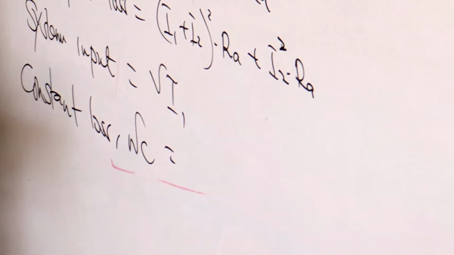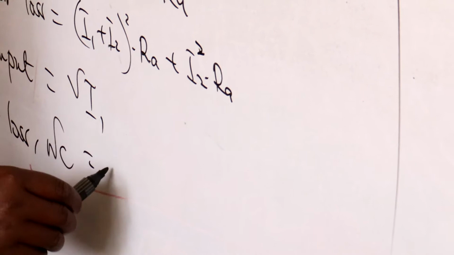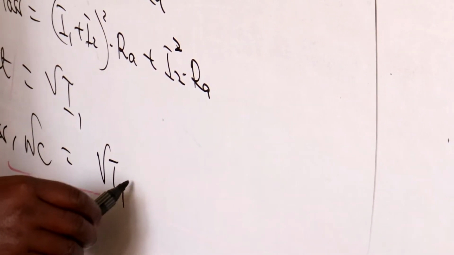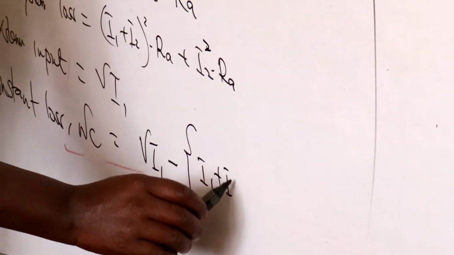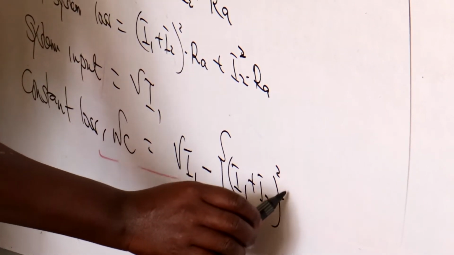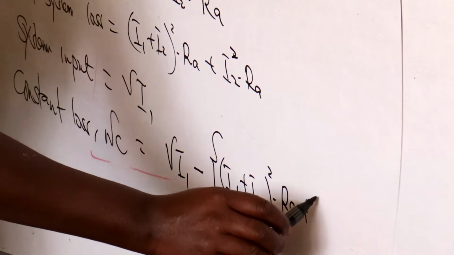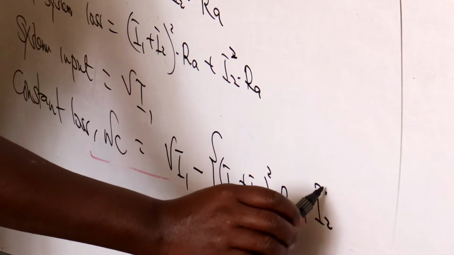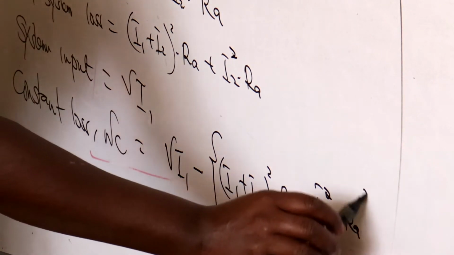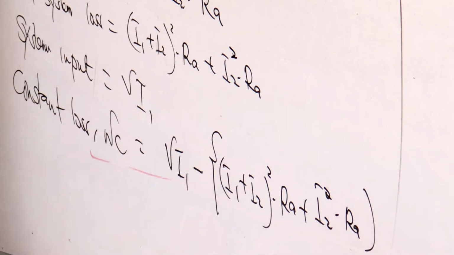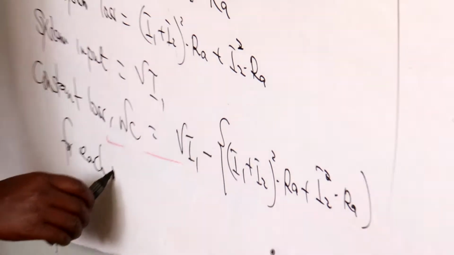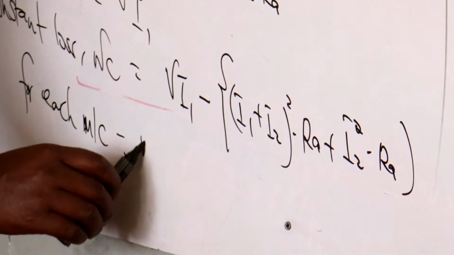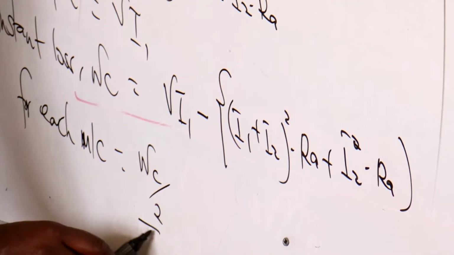So we are saying this is VI1 minus [(I1 plus I2) squared R plus I2 squared R]. WC for each machine will be WC divided by 2.